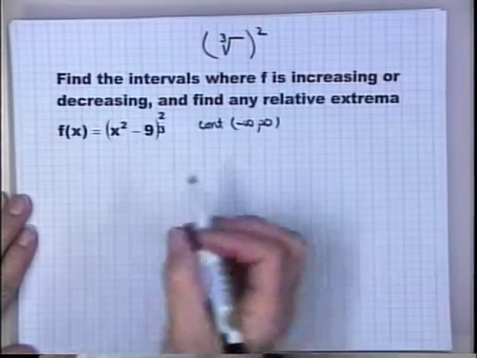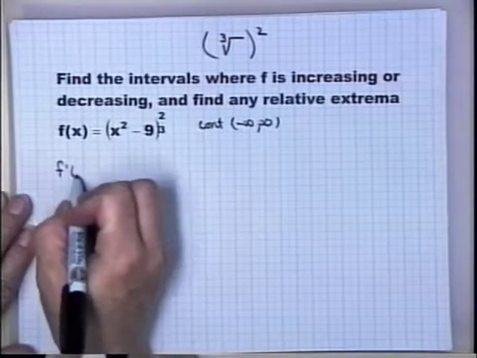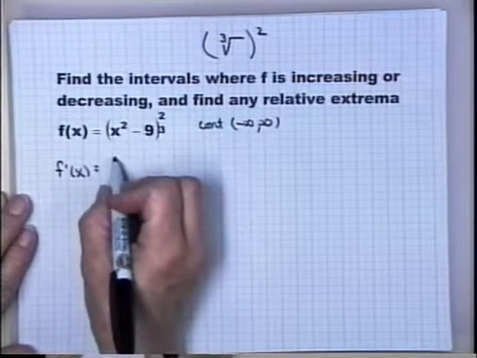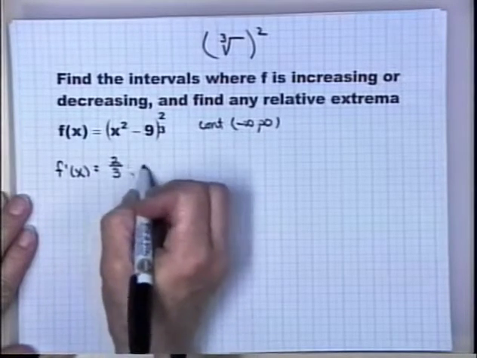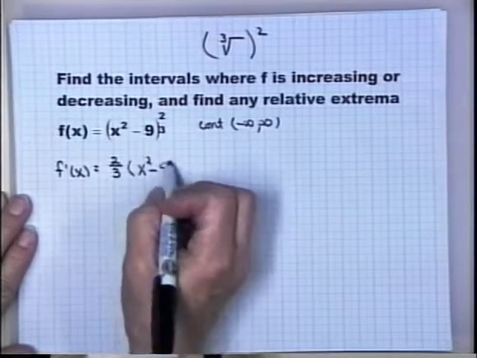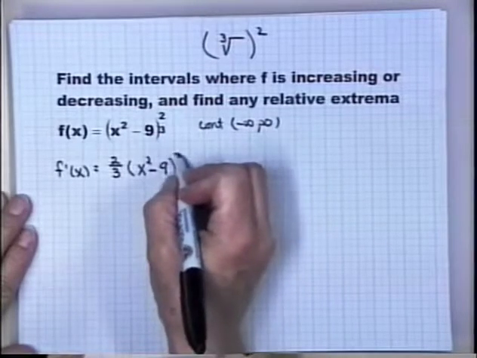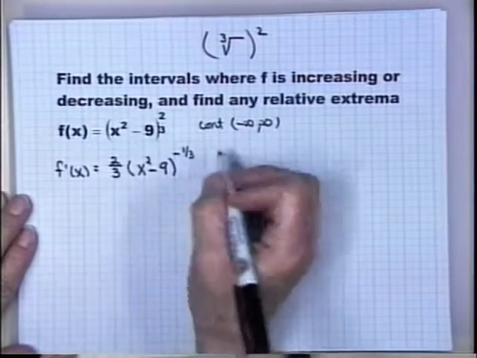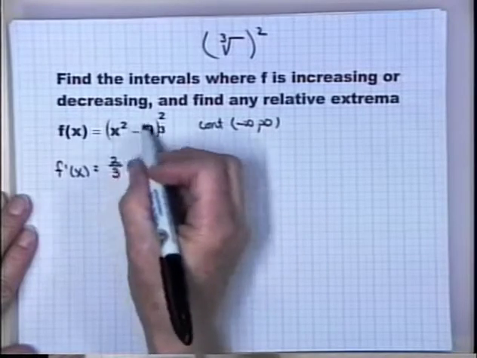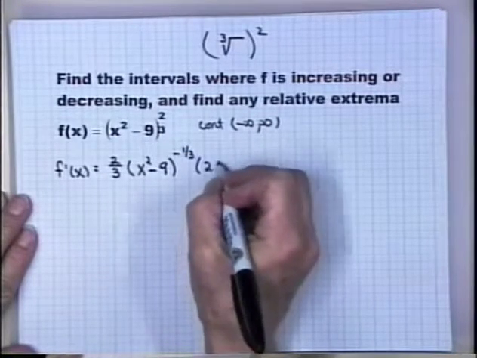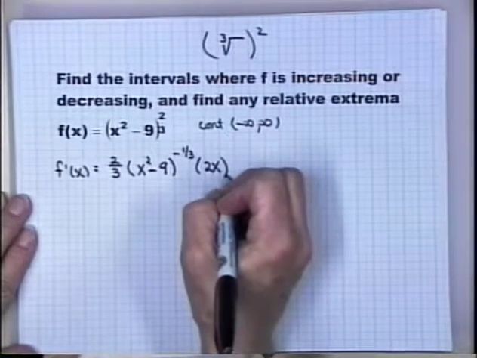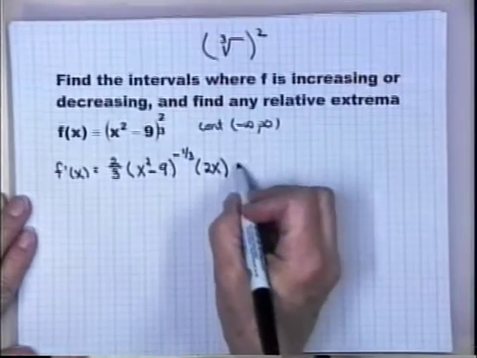Okay? So let's get our derivative. Our derivative, let's see, 2/3 would come down. x squared minus 9. If we subtract 1 from that exponent, we're going to get negative 1/3. And then don't forget the chain rule. Go inside here. The derivative inside is 2x. Okay, let's rewrite this just a little bit.